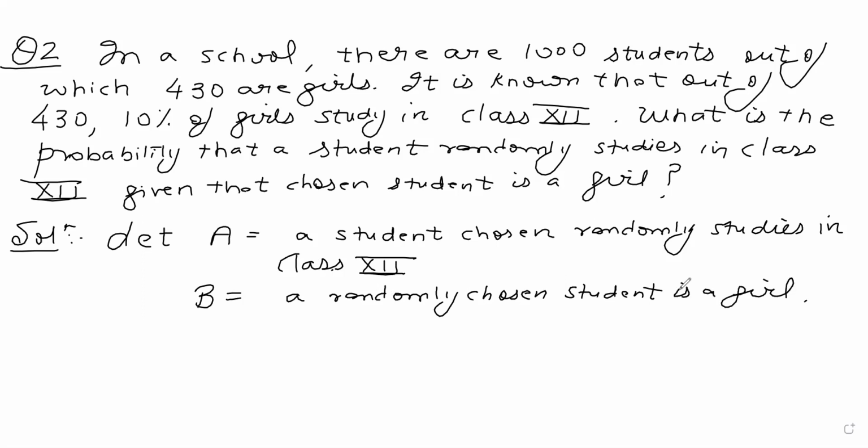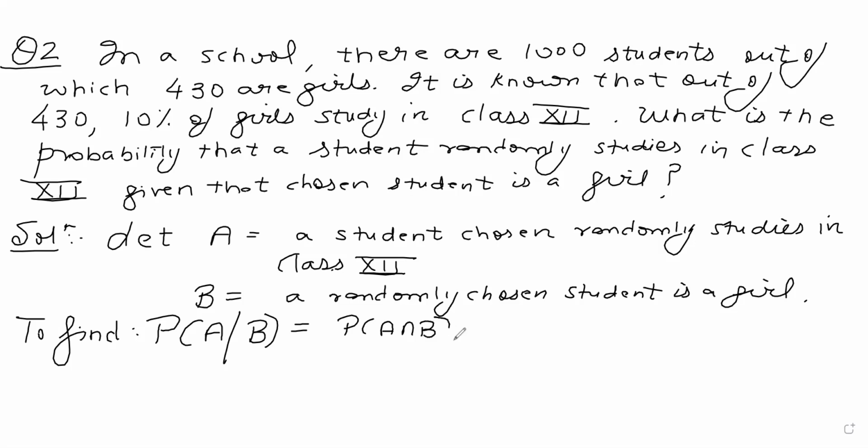Now, what do we need to find? We need to find the probability that a student chosen randomly studies in class 12 given that a randomly chosen student is a girl. So probability of A given B, apply the formula. It's probability of A intersection B divided by probability of B.